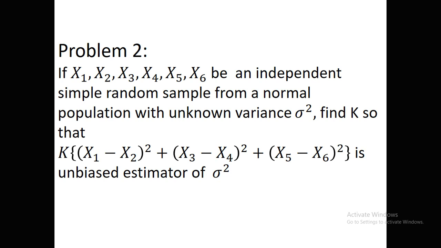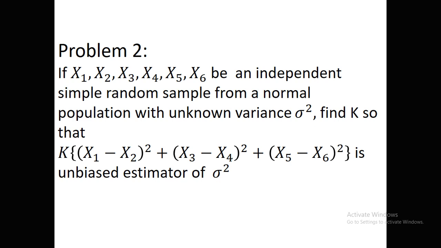Okay, one more problem. If capital X1, X2, X3, X4, X5, X6 are independent simple random samples from a normal population with unknown variance sigma square, find out K so that this thing is an unbiased estimator of sigma square. First of all, understand the problem.